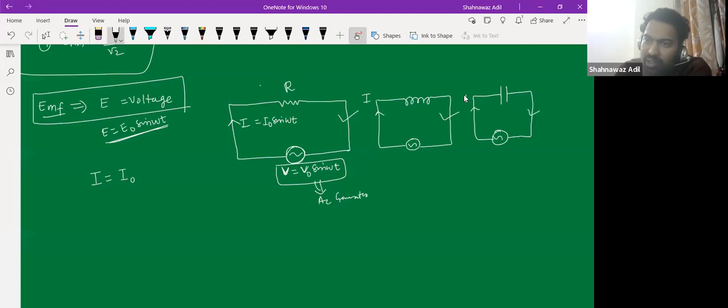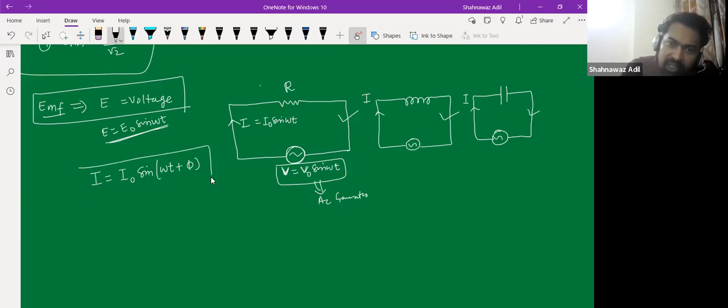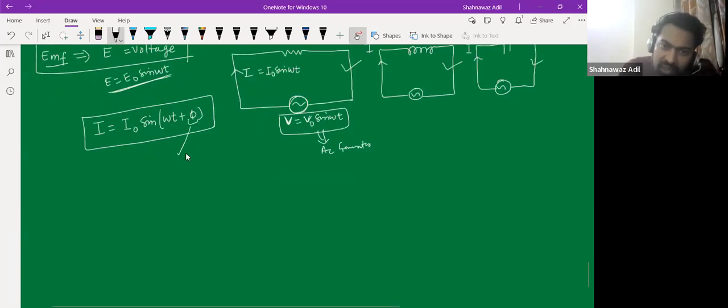In this circuit, what would be the current? So for the case, let's say the current is I naught sine omega t plus phi. So this is the current I'm getting in different circuits, right? So in the case of resistor, here this phi is called the phase difference.